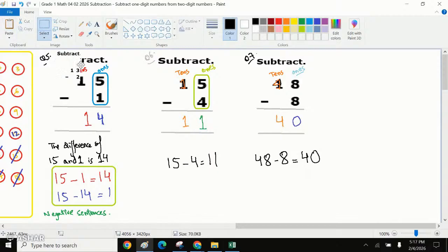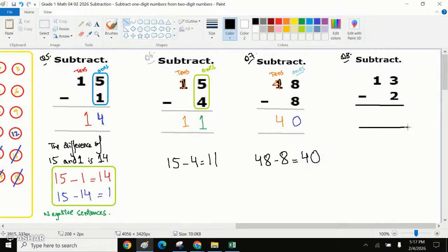So this next question says subtract 2 from 13. So we have question number 8, and we have a tens and we have a units, right?